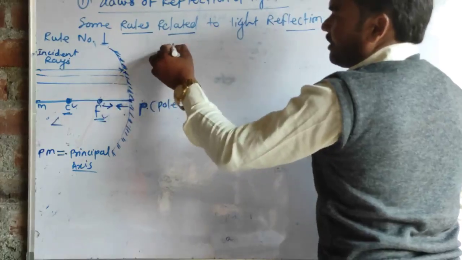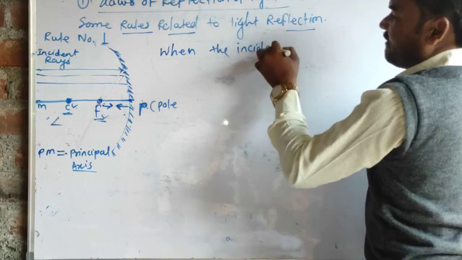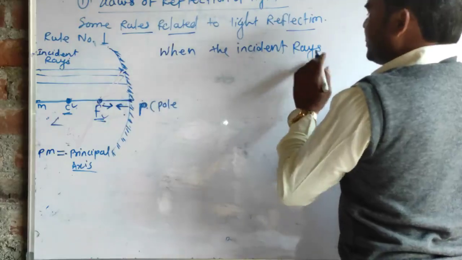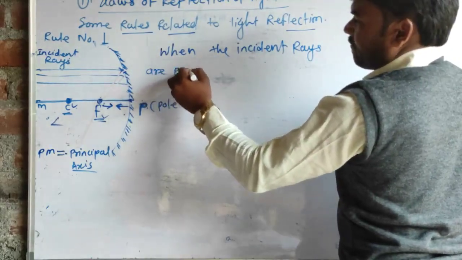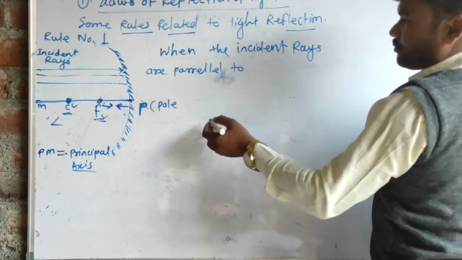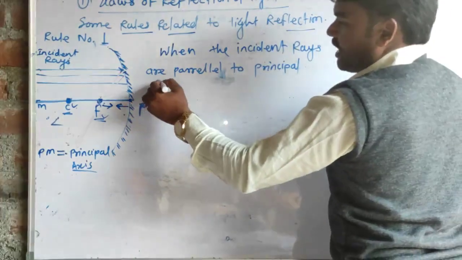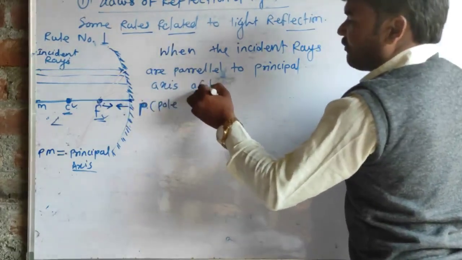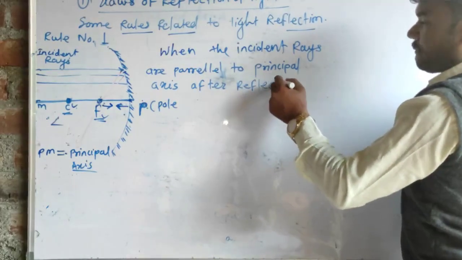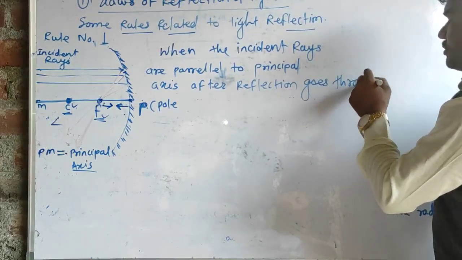See here, when the incident rays are parallel to the principal axis, after reflection they go through what?